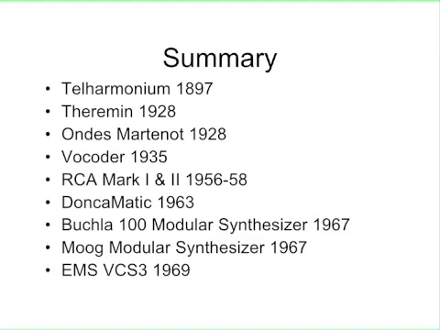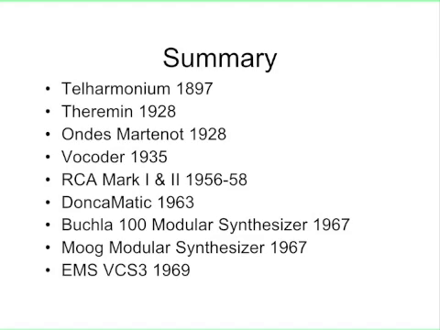We also took a look at the Ondes Martenot, also created in 1928, and we talked about the vocoder, created in 1935, the voice synthesizer, using the heterodyne principle. We then moved forward to the 50s, which was the RCA Mark 1 and 2, and that, of course, was the first programmable synthesizer, a major step forward in synthesizer development.